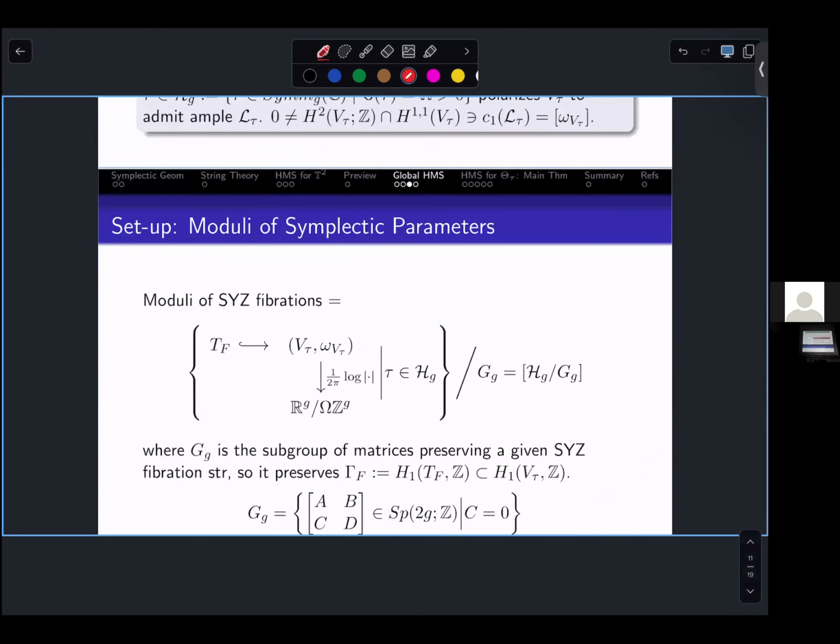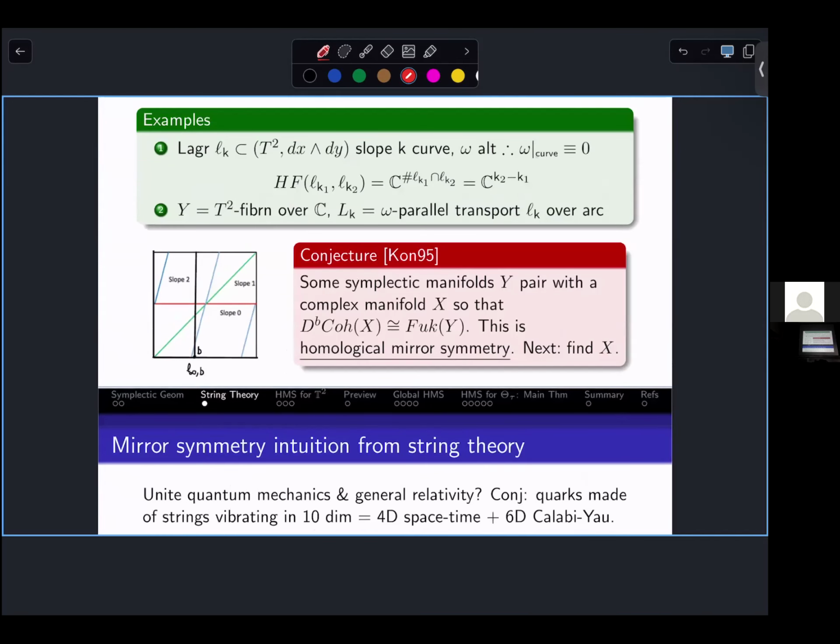You increase the slope by 1, but this one preserves it. That's the thing. With the L infinity, it's infinity. So it preserves the slope.